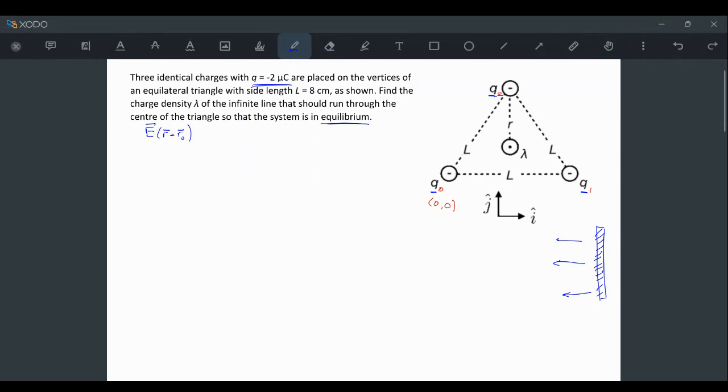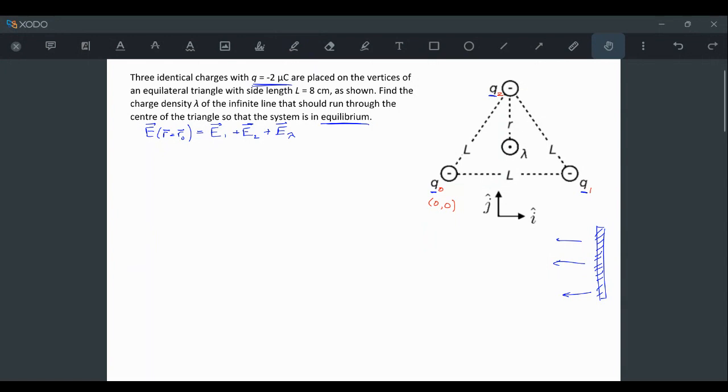We'll assume that means the position where Q0 is located. That's going to be equal to contributions from the first and second charges that we have labeled, Q1 and Q2, plus the electric field due to the infinite line charge. So I'm calling that E subscript lambda.